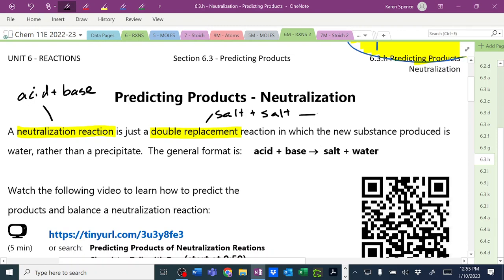And in double replacement, you start with two salts, you finish with two salts. Neutralization, you finish with a salt and water. So you start with an acid and a base, you finish with a salt and water.